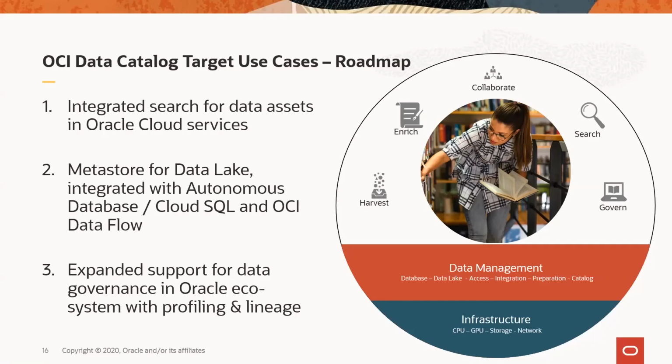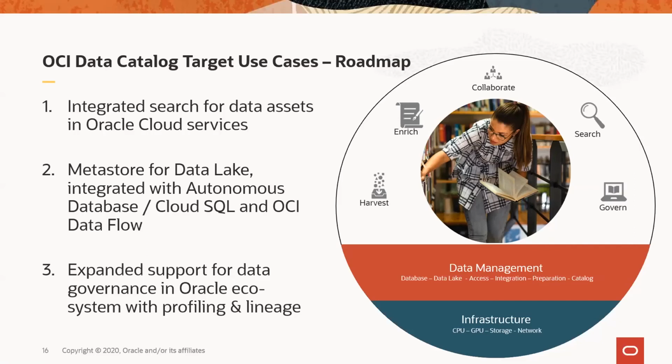Since we're collecting a lot of metadata, we can recommend things to do for their end users. That becomes a very big value addition to those systems. So the goal is to create a search and discovery environment for all cloud services and provide that either directly in the catalog or as part of the experience of those specific services. That is one thing we are going to look at in the future.